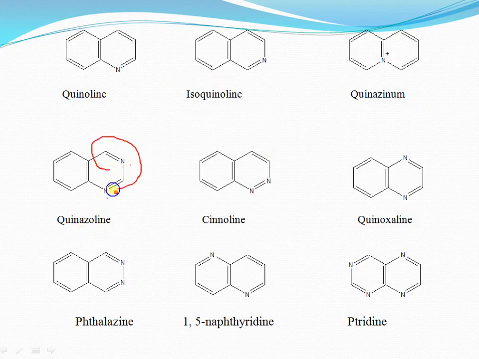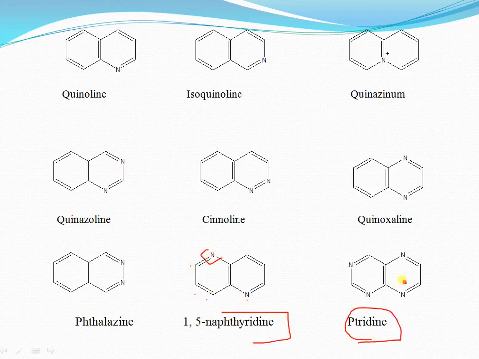It is pyrimidine, and this one is benzene, benzpyrimidine, quinazoline, cinnoline, it is 2 nitrogen, diazine, it is 1, 2 diazine, quinoxaline, diazine, 1, 4 diazine, quinoxaline, phthalazine, it is again 2 nitrogen, 1, 5 naphthyridine.